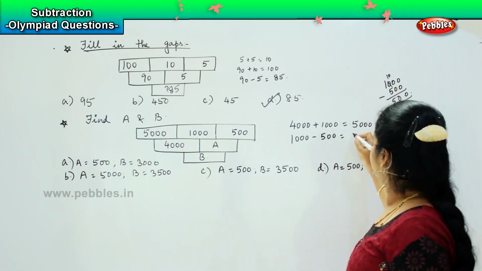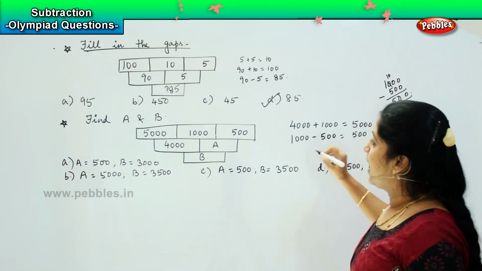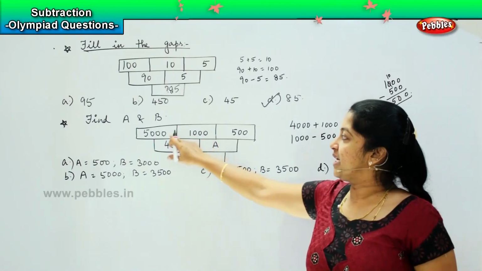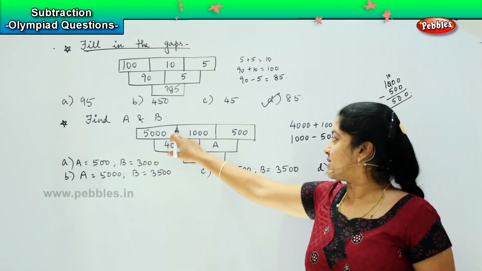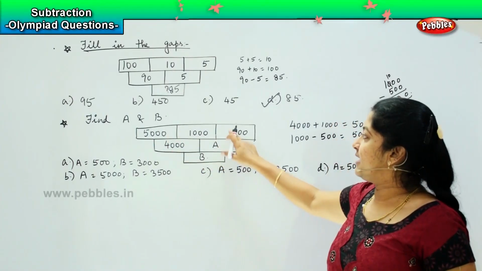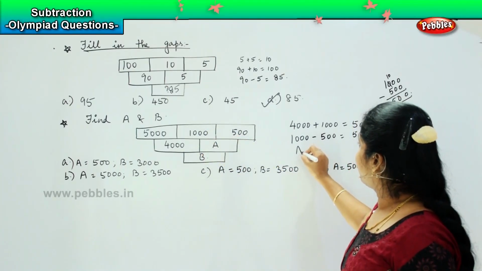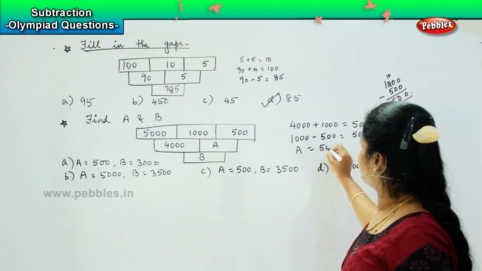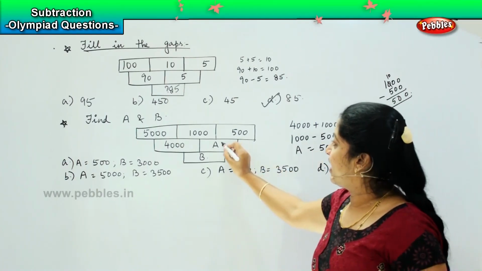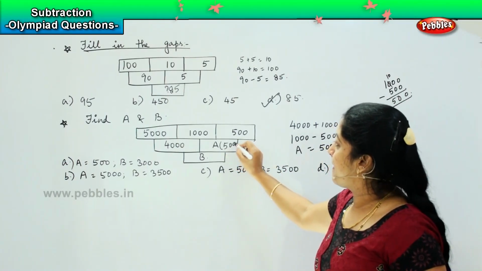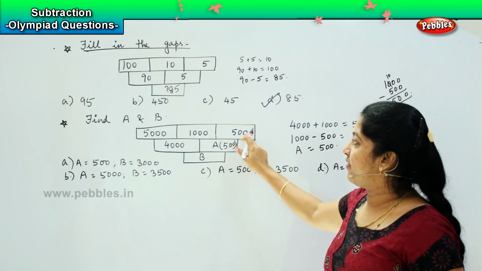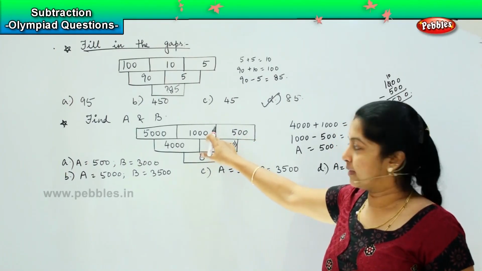So here it will be 500. As I said, if I add these two, it gives me the answer 5,000. Similarly, if I add these two, it will give me 1,000. So the value of A is 500. 500 plus 500 gives me the answer 1,000.